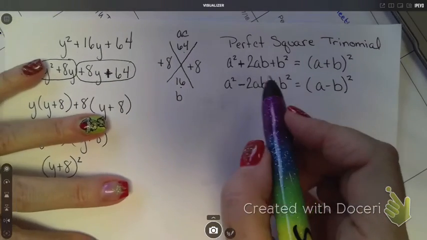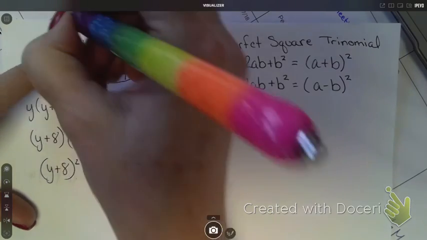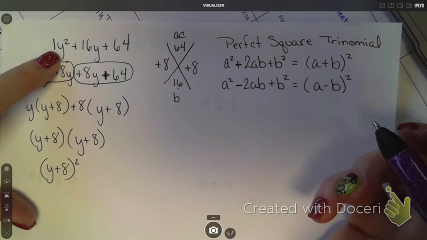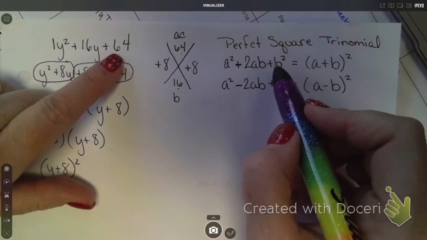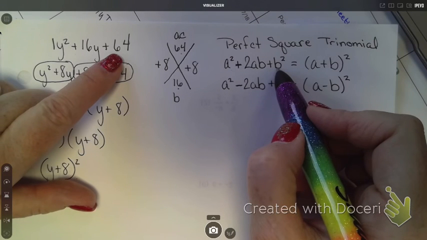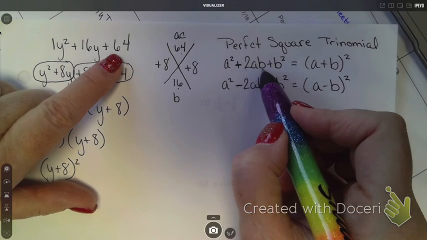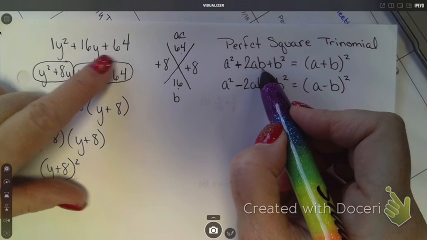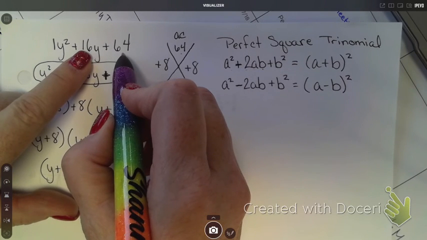So let's talk about what it is. This says that the first term is a perfect square. Is 1 a perfect square? Yes. Is 64 a perfect square? Yes. So, is the middle term 2 times a times b? The square root of 64 is 8.